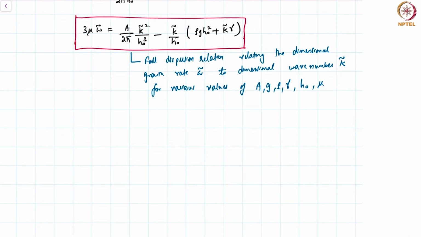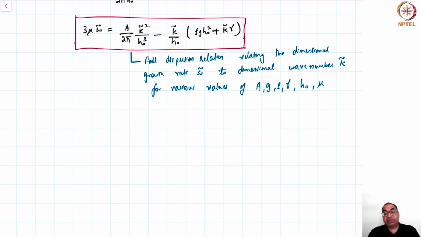So we finally derived the general dispersion relation in terms of all these parameters. We can use realistic values of all these parameters for a general thin film and find out what is the typical growth rate. How long does it take for the thin film to rupture?